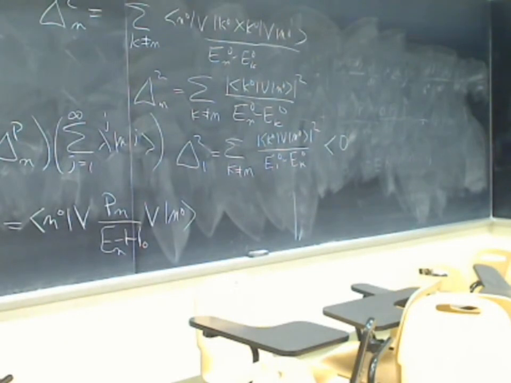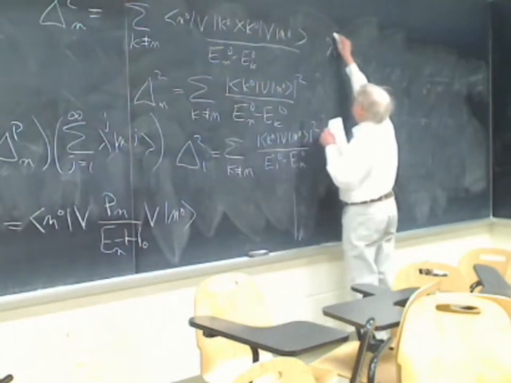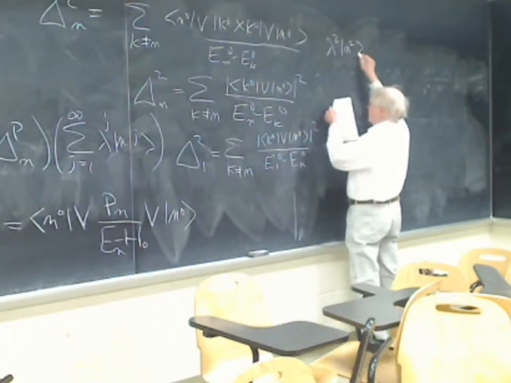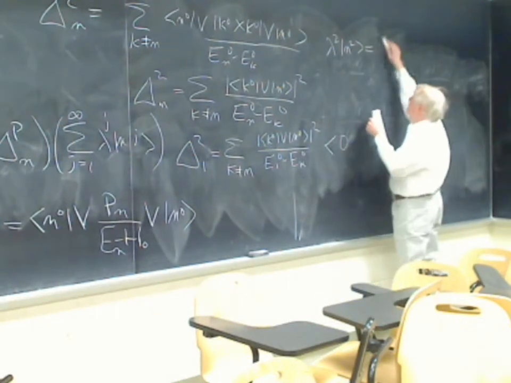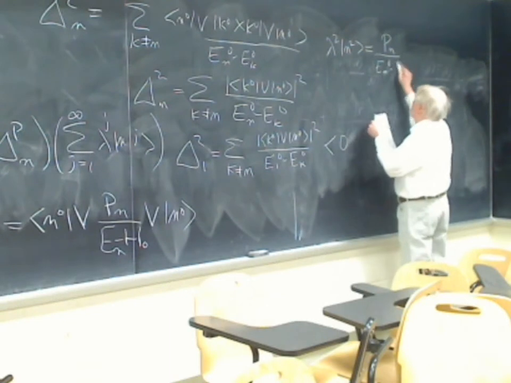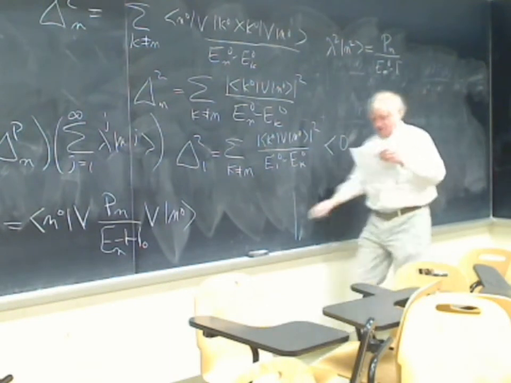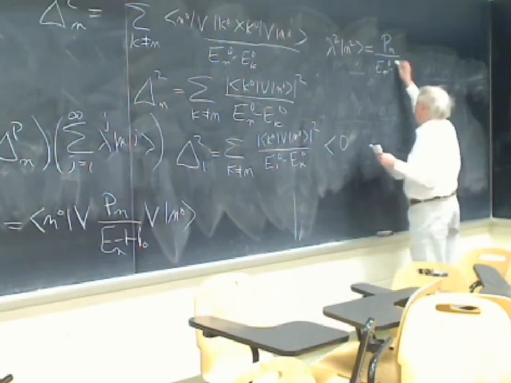And so what we're going to do is look at the lambda squared expression in here. And so if we do that, what we get is lambda 2, the second order correction for this nth energy level, and it's Pn over En0 minus H0.